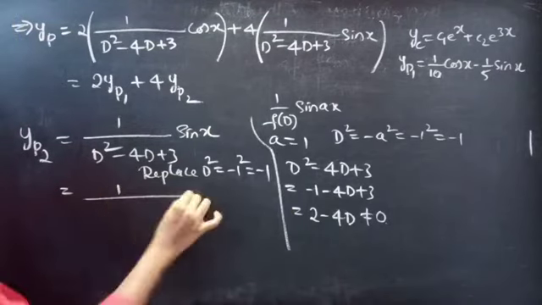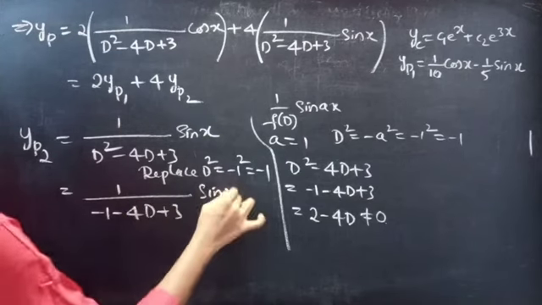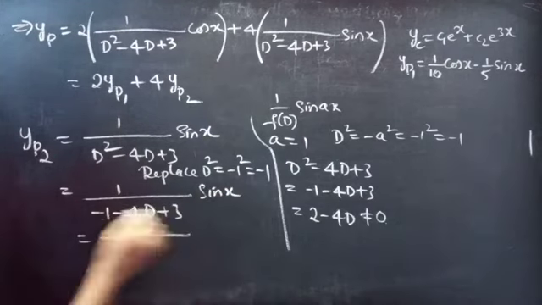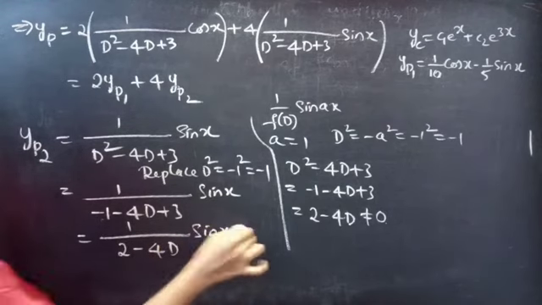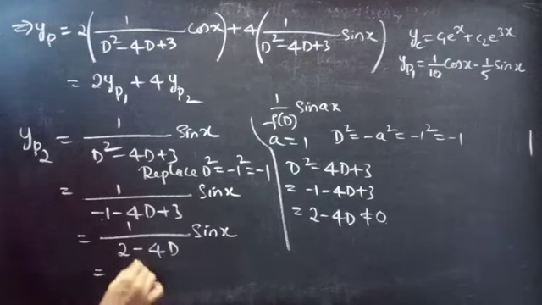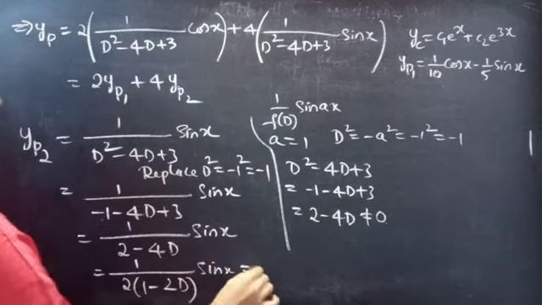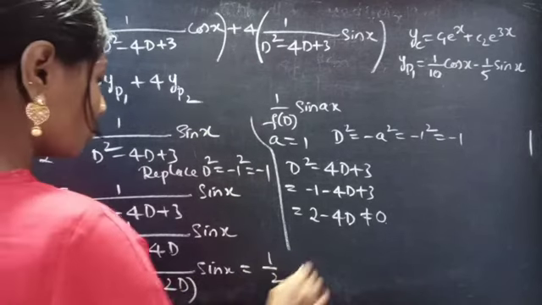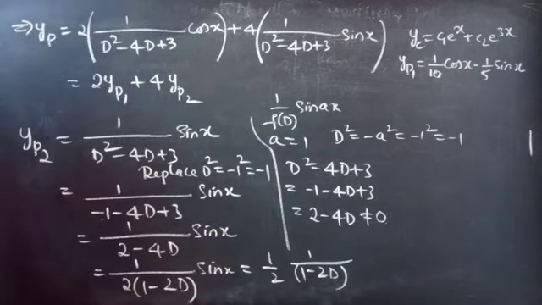We'll get 1 by minus 1 minus 4d plus 3 into sin x, which is equals to 1 by minus 1 plus 3 is 2 minus 4d into sin x. Now take 2 common from the two terms of denominator. We'll get 2 times 1 minus 2d into sin x. Again we can write this as 1 by 2 into 1 by 1 minus 2d into sin x.